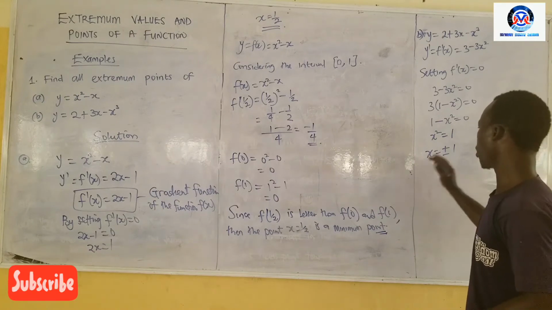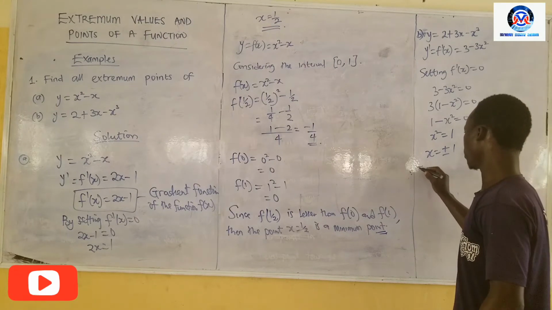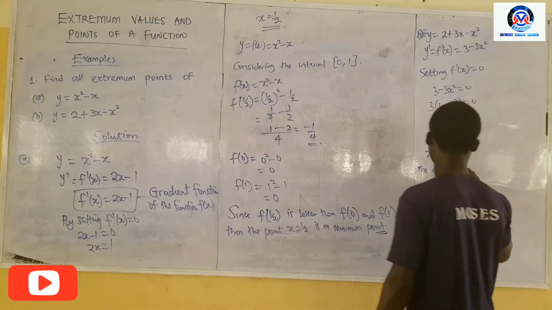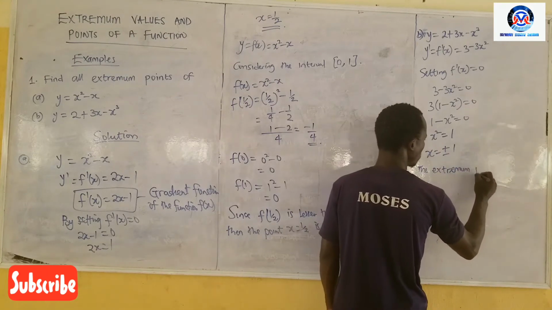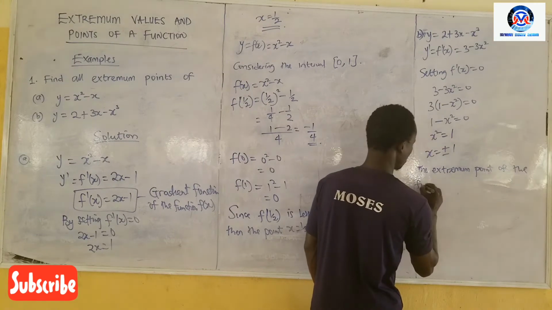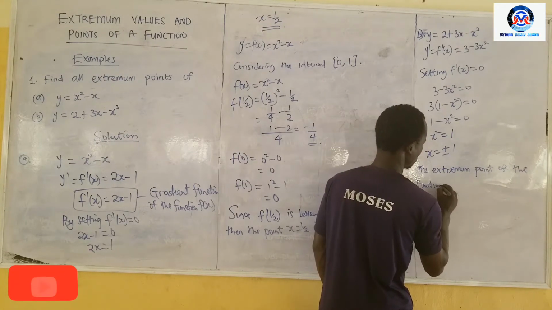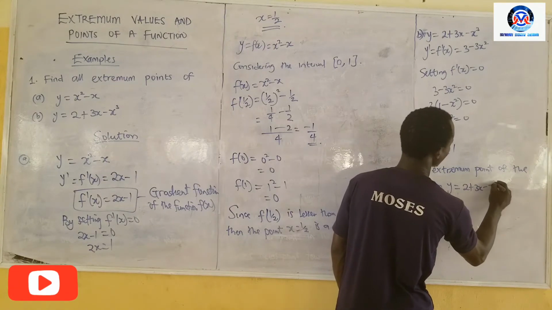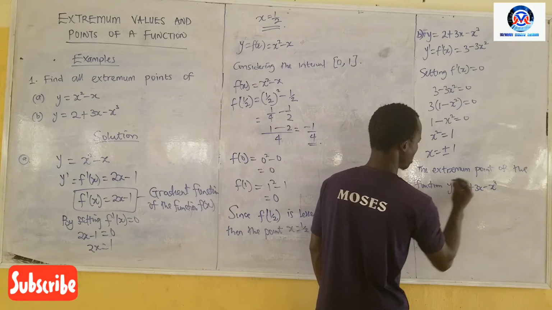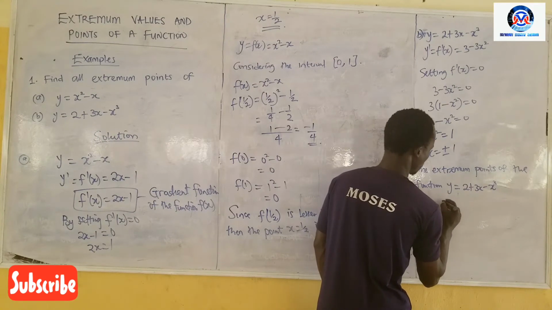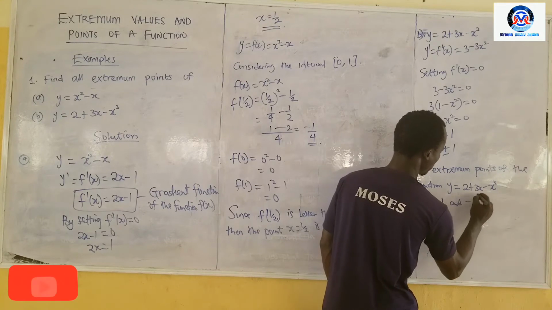So the extremum points of the function y equals 2 plus 3x minus x cubed are 1 and minus 1.